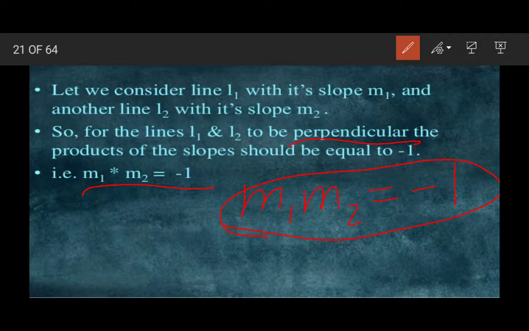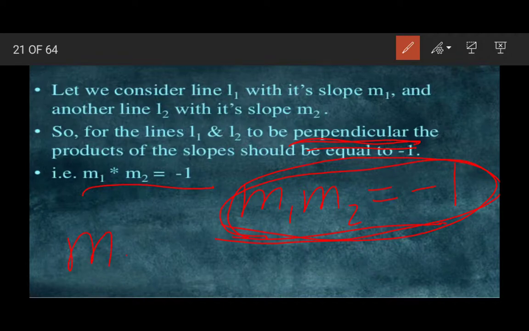If lines are perpendicular, that means m1 into m2 is equal to minus 1, and if we are getting m1 into m2 as minus 1, that means both the lines are perpendicular to each other.